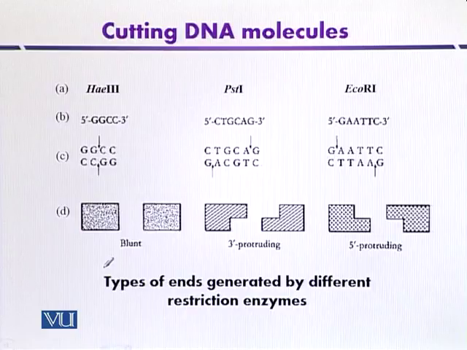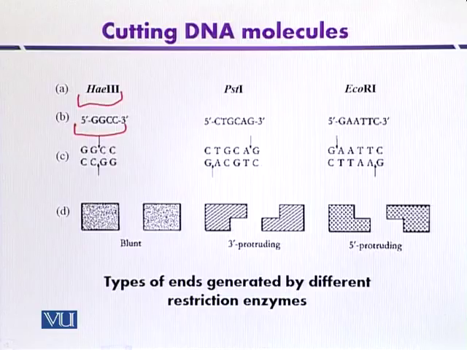Then there is another example of different enzymes that can cut different recognition sequences. Here it is the example of HaeIII. It can recognize a DNA sequence composed of 4 base pairs. Mostly a recognition sequence, for the sake of convenience, can be represented by even a single strand, like 5' to 3'.